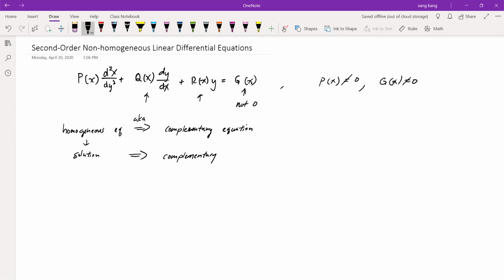So this is what we did last discussion. Okay, so this is known as the complementary solution, or YC. So this is Y sub C.